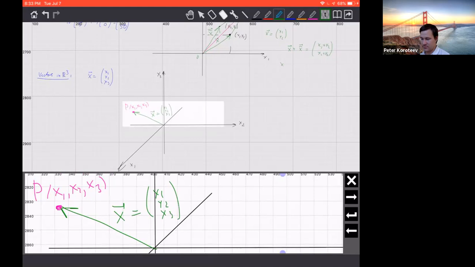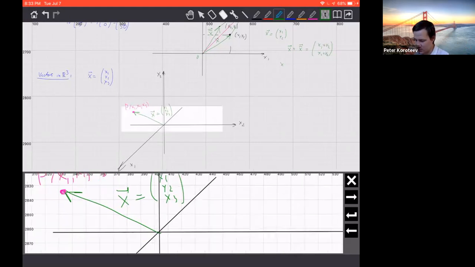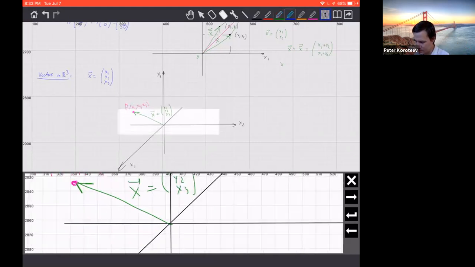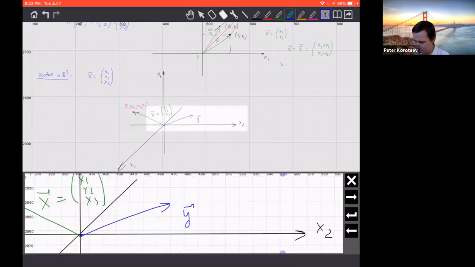And then the same rules of operations apply in 3 dimensions. In particular, if you want to add 2 vectors, you now need to draw a parallelogram in 3 dimensions. It would lie in a plane. So you want to add the vector x and vector y with components y1, y2, y3.